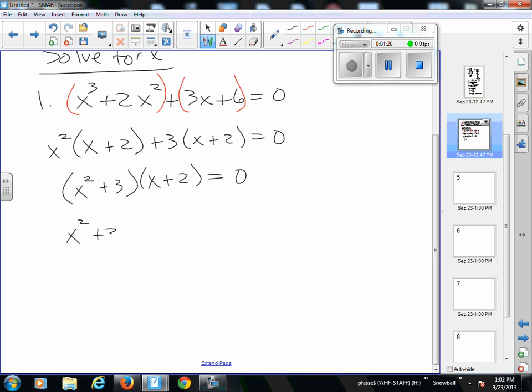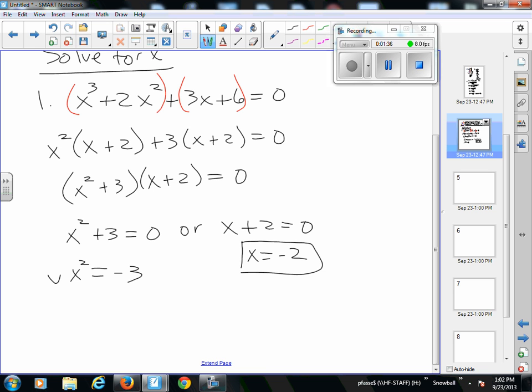Zero product property: we set both equal to 0. The second one is very easy to see: x equals negative 2. The first one, we have x squared equals negative 3. When we square root, instead of writing no solution, first off, we get a plus or minus. Root negative 3 breaks down into root 3 i.